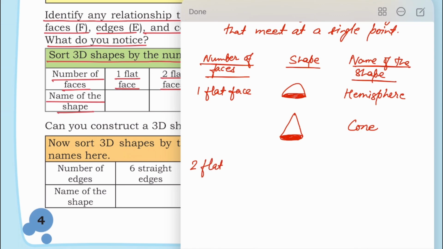Two flat faces. The answer is cylinder. You can see cylinder has two flat faces.